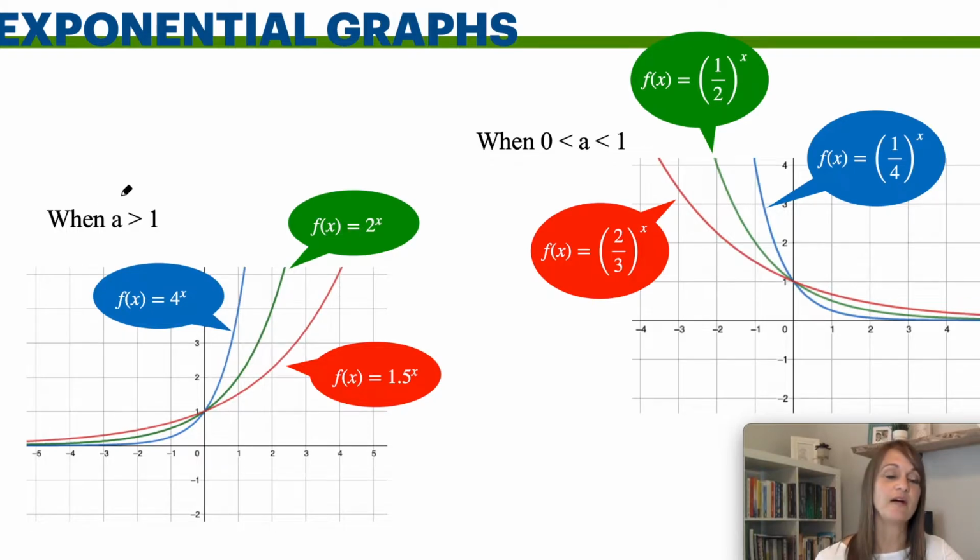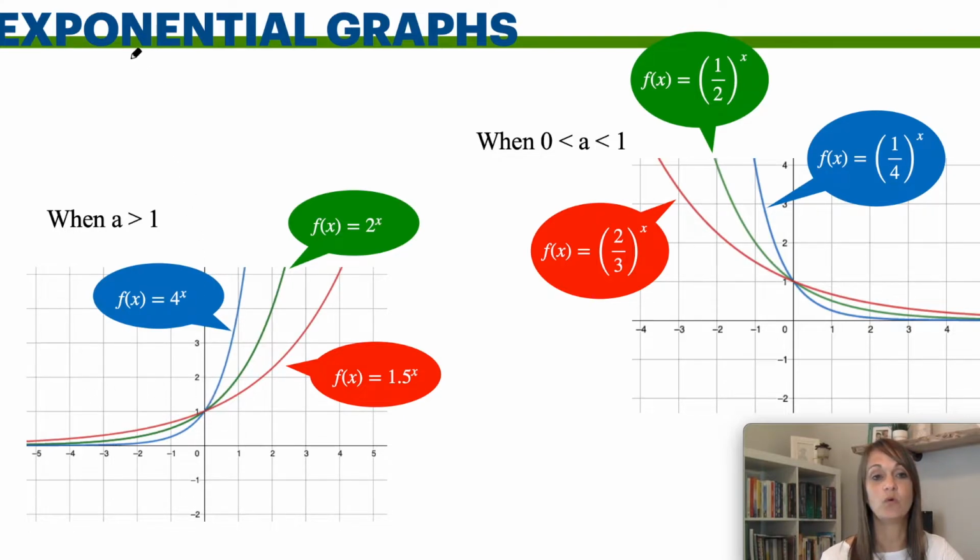So the exponential graph, when a is greater than 1, for example, 4 to the x, 2 to the x, 1.5 to the x, 10 to the x, are all going to have graphs that look very similar to this.